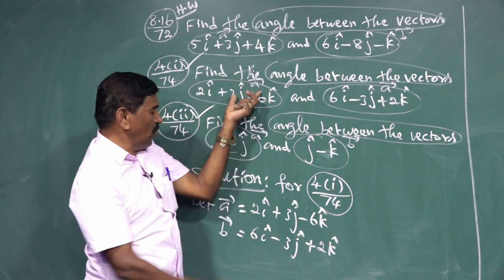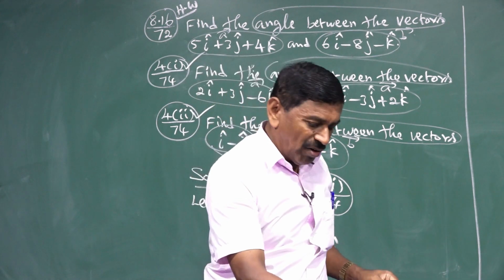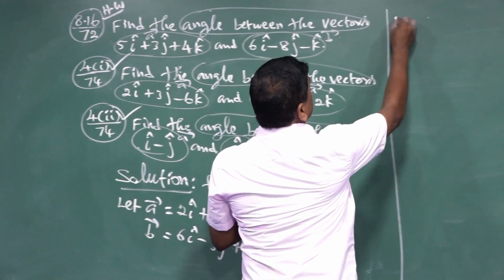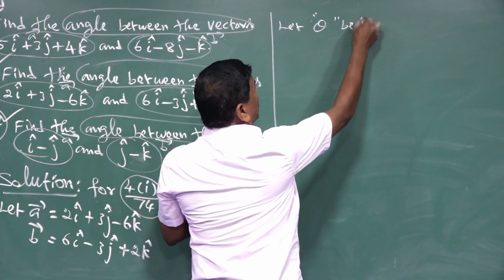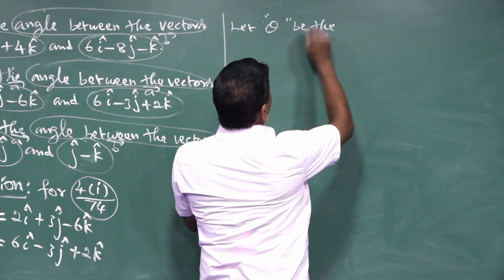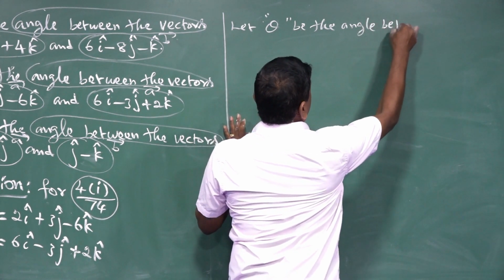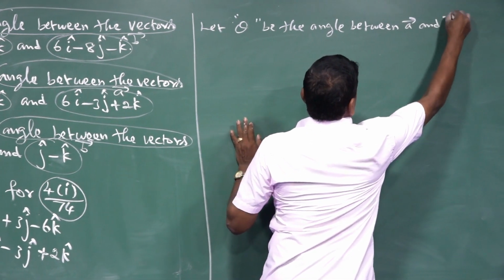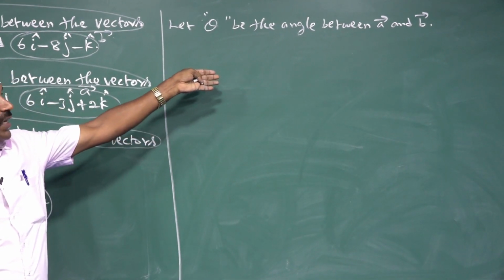Let theta be the angle between A vector and B vector.